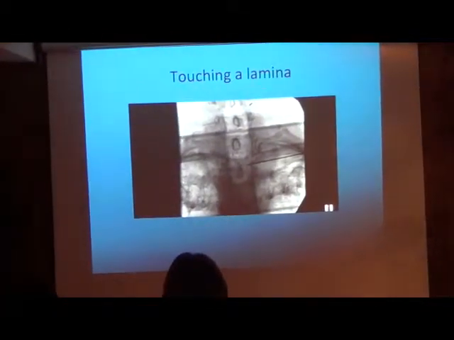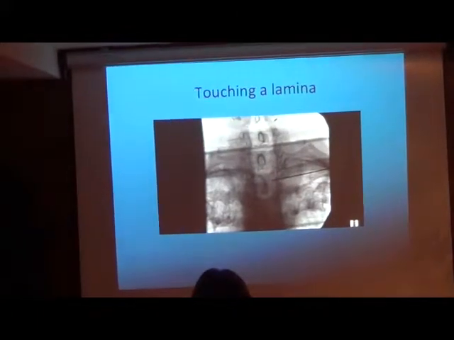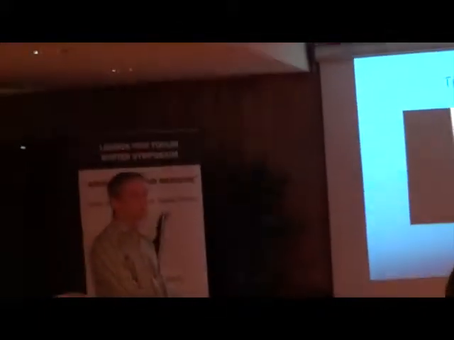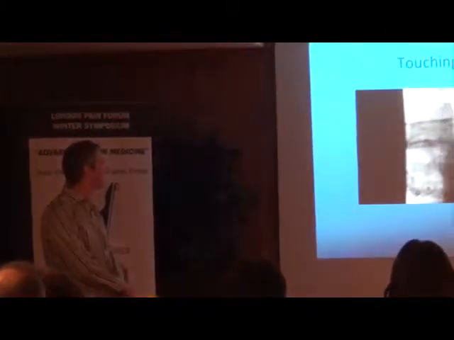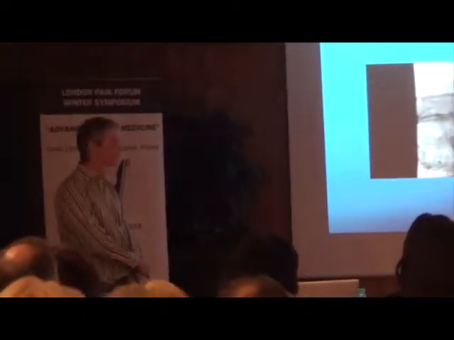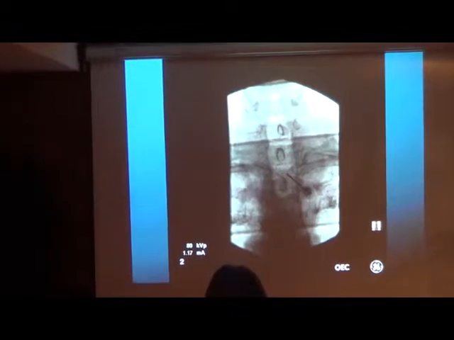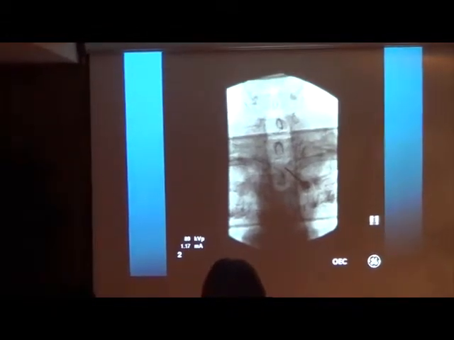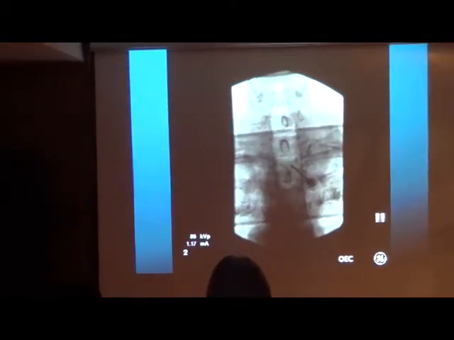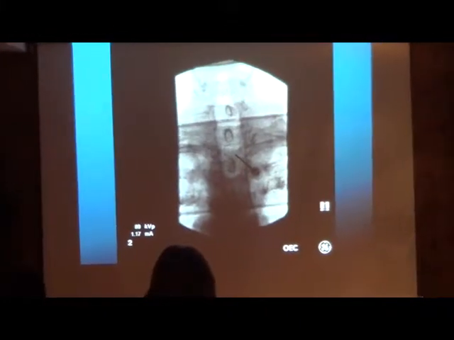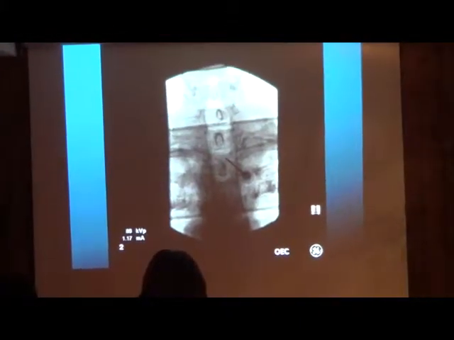Okay, there are a few techniques for how to do cervical epidural injection. This is the one that I found the most easy and straightforward. It's called touching the lamina. Basically, you put a needle on the lamina from below, you touch the bone, and you redirect your needle into the epidural space. Nothing can be easier.